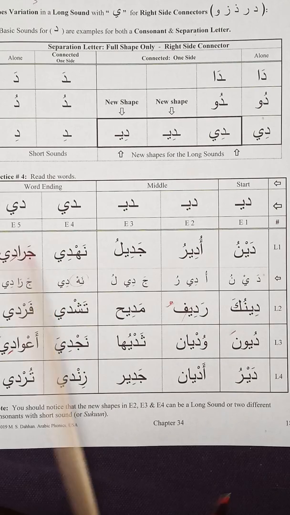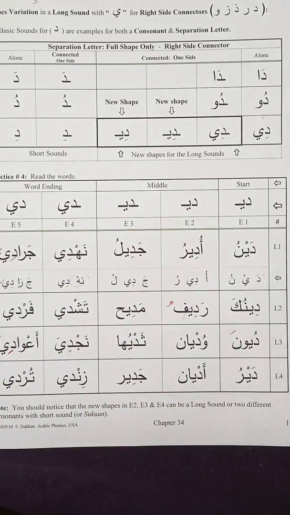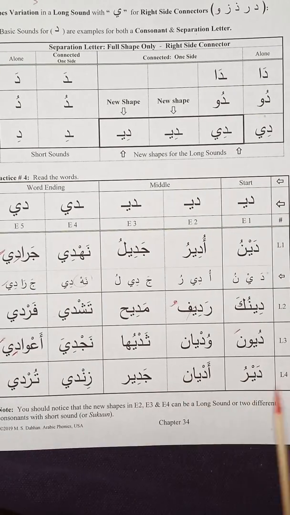Let me see. Jaradiya. I can change that also to make it different. You already know all this. I'm not trying to confuse you. Just focus on the reading. Forget the other one if what I'm saying doesn't make any sense to you.